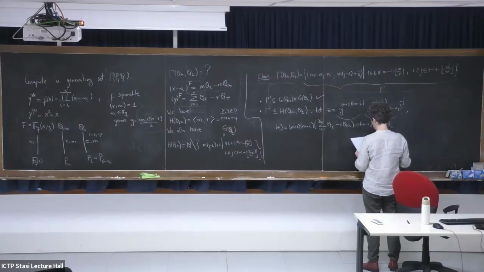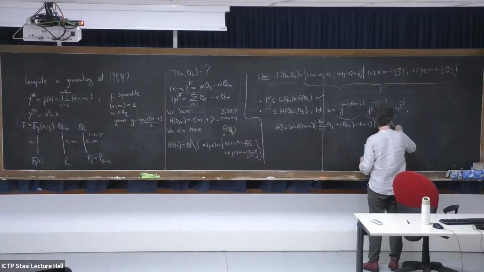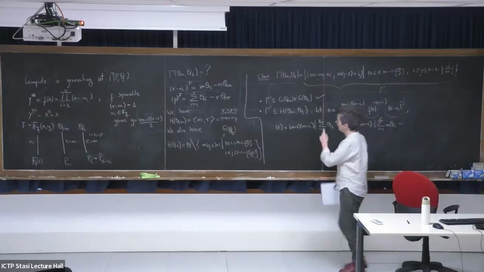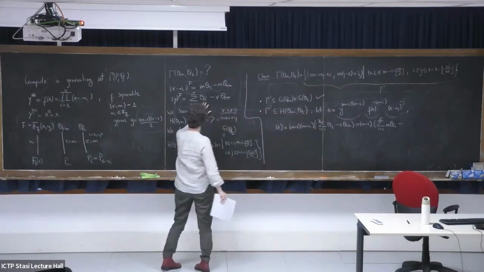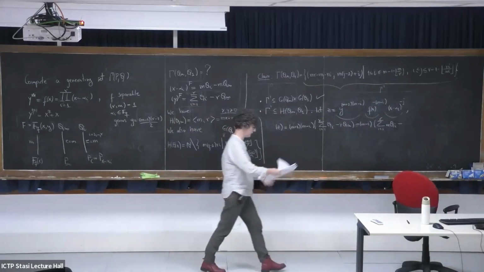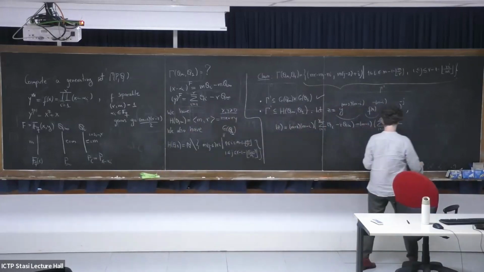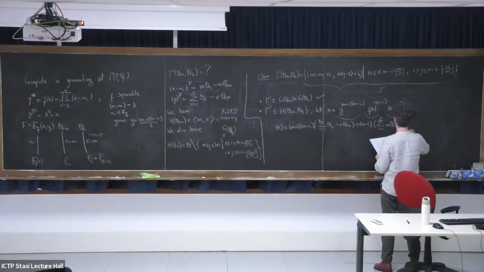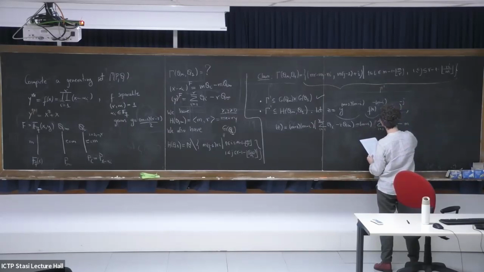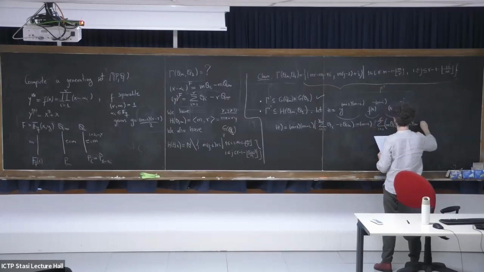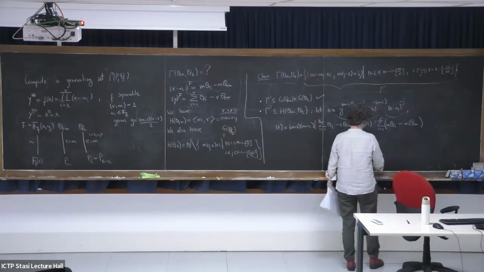For each q index I have r times q infinity, and each one is the divisor of x minus y.